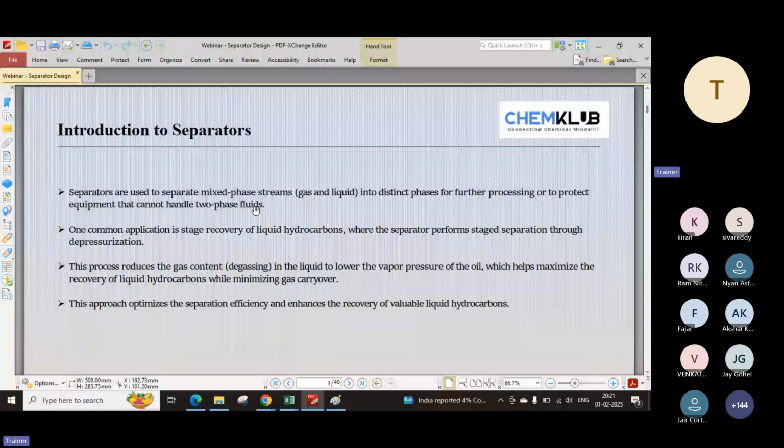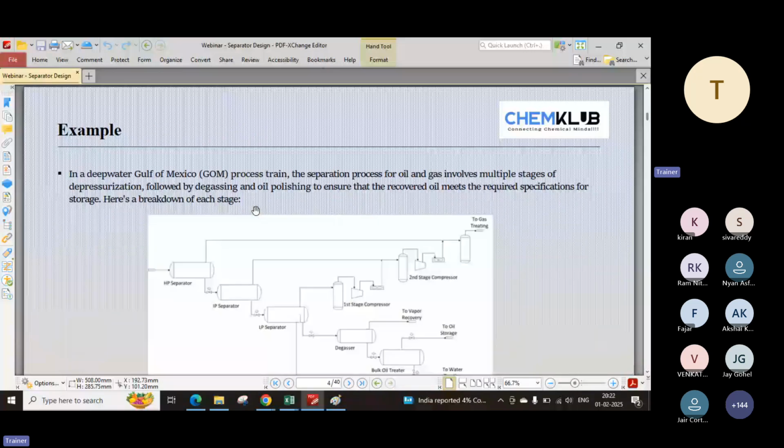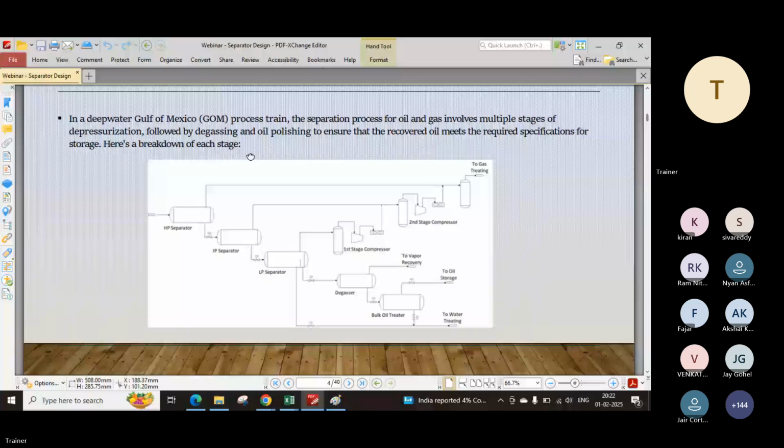This is a typical example. Generally, if you have seen any offshore platform, the feed comes from the wells, that is the crude oil, which has gas, oil, and water flowing together.